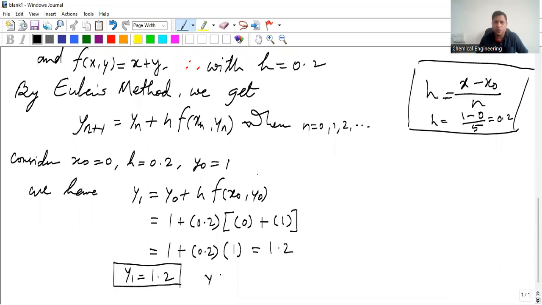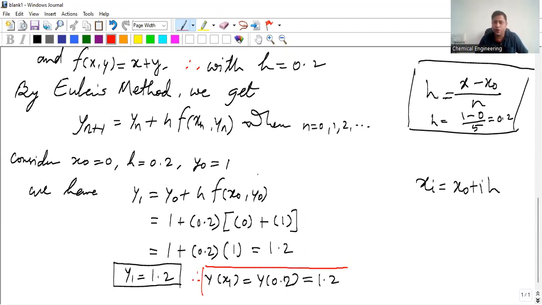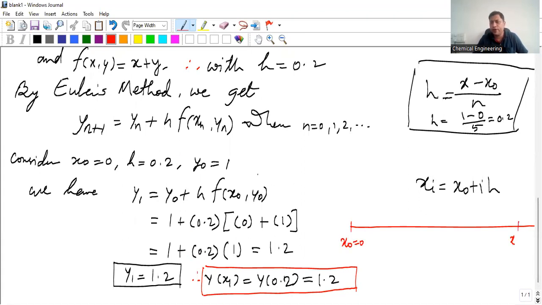So what actually we got? We got here y at x1. So what is x1? Again, we know xi is equal to x0 plus i times h. So here x1 is going to be 0.2 and the value is going to be 1.2. So we got here the value of y1. So we have x0 is equal to 0 and we have to reach x is equal to 1. And now we have decided step size is going to be 0.2.